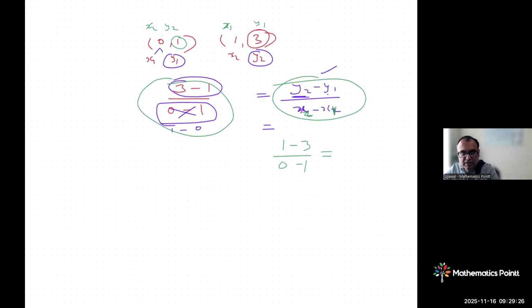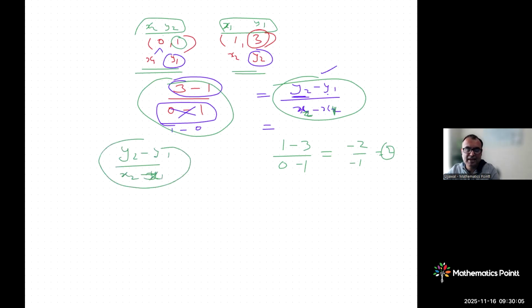But what you will see is 1 take away 3 is a negative 2, and 0 take away 1 is a negative 1. So you still get a 2. So the point I'm trying to make is that it does not really matter which set of coordinates you take as x1, y1 and x2, y2, provided that the formula that you apply is y2 minus y1 over x2 minus x1. That is the point.